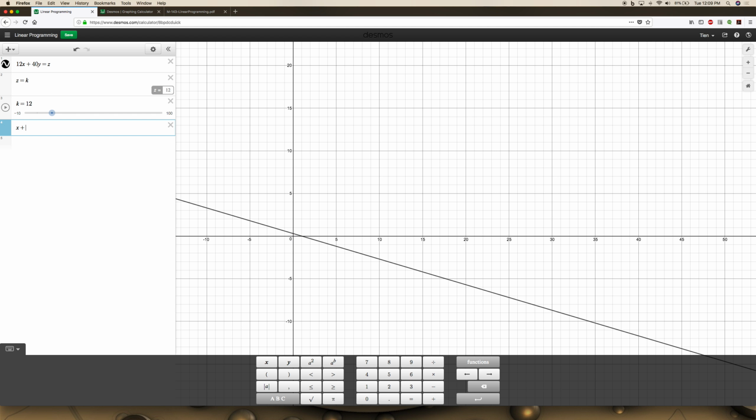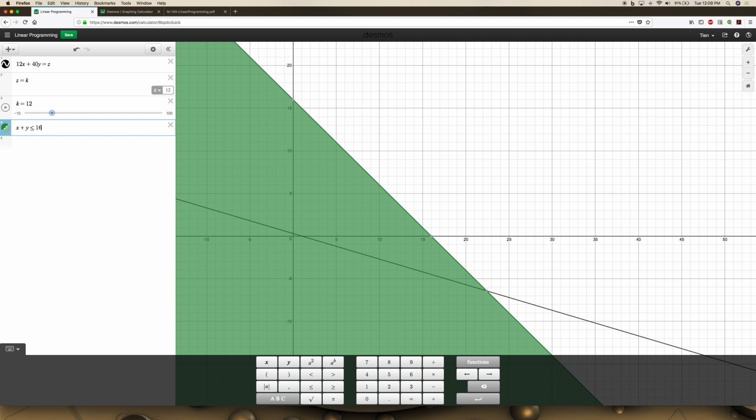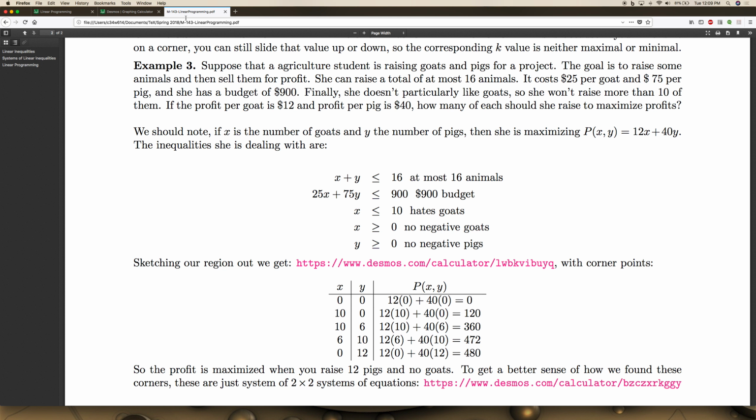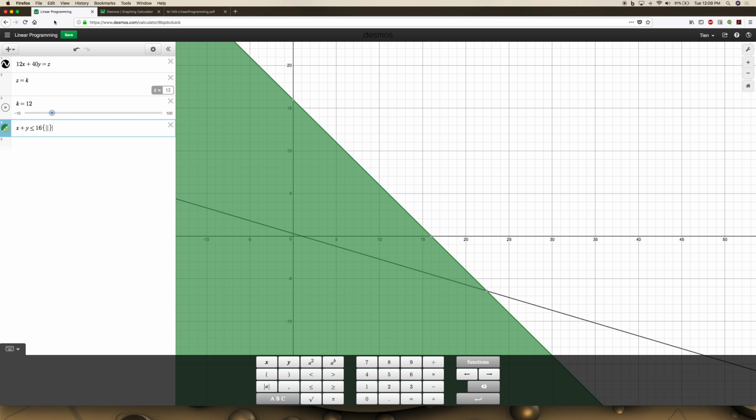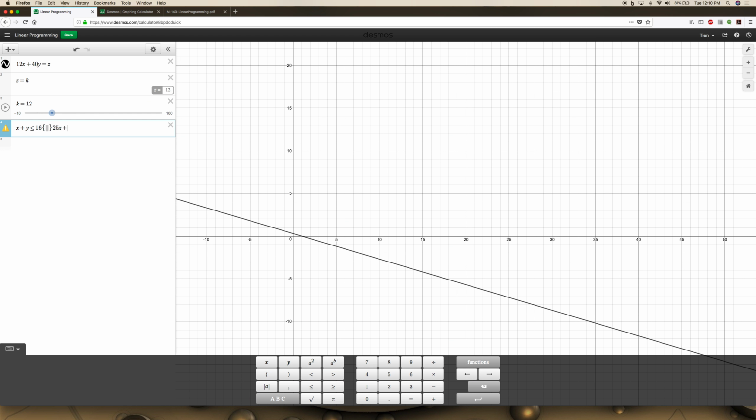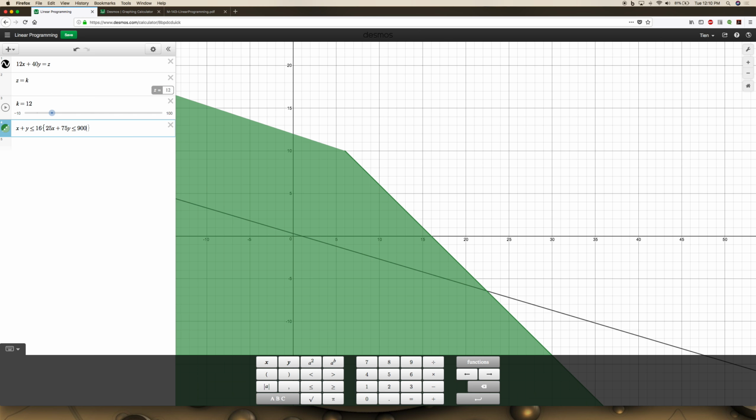So we have x plus y is less than or equal to 16. Constraint 1. Constraint 2 is that 25x plus 75y is less than or equal to $900.